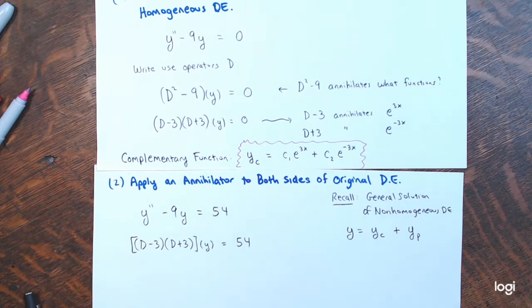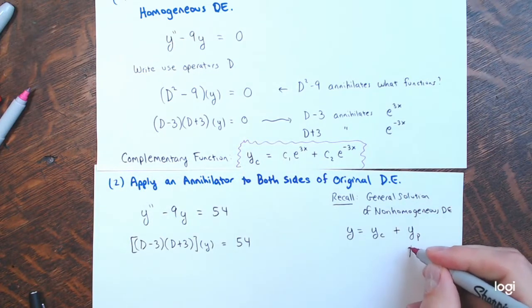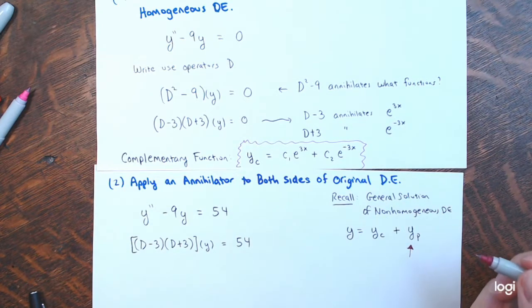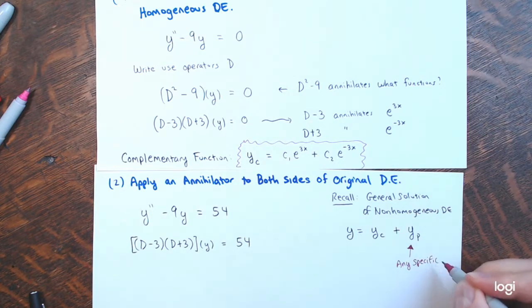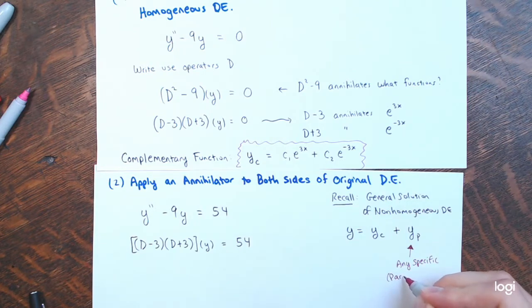This y sub p is a specific or particular solution to the non-homogeneous equation, any particular solution to the differential equation.